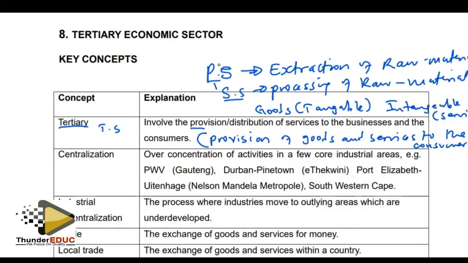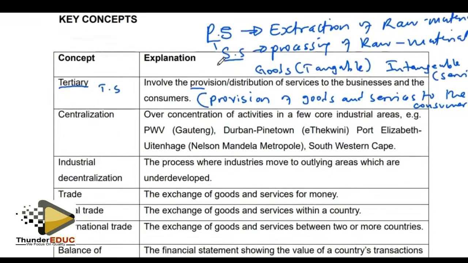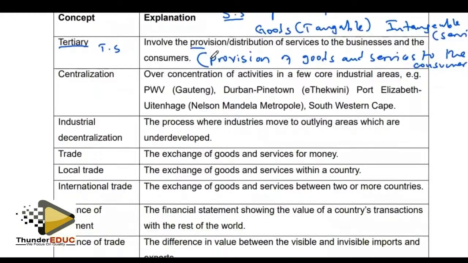All right. Then we have another concept, which is centralization, and we saw more about this. It means over concentration of activities in a few core industrial areas, meaning that industries are more clustered in PWV in Gauteng, Durban-Pinetown in KwaZulu-Natal, Port Elizabeth, and the Southwestern Cape.